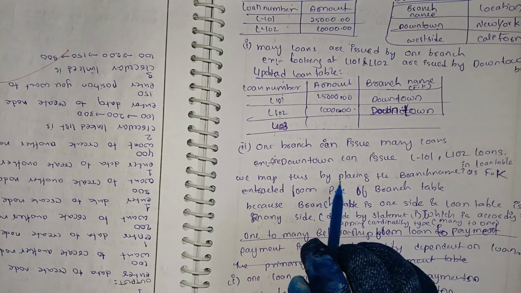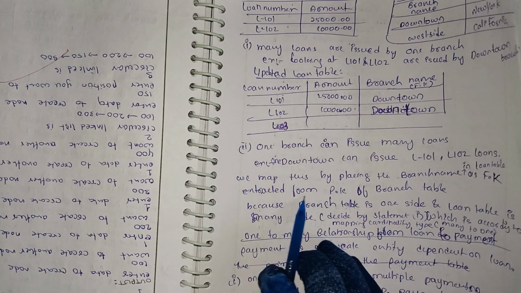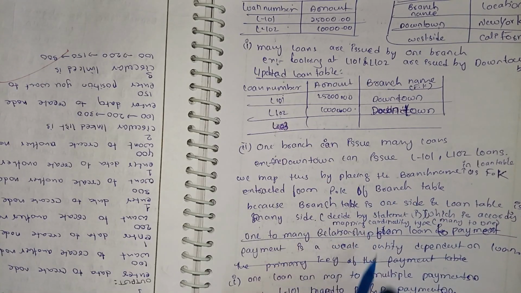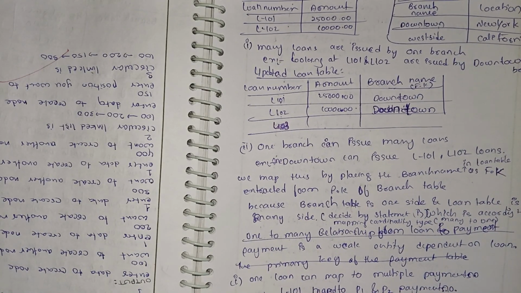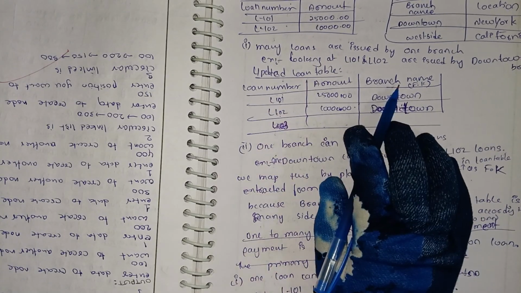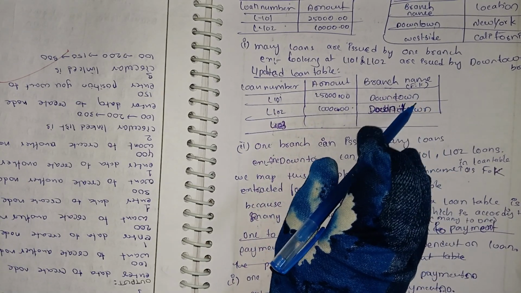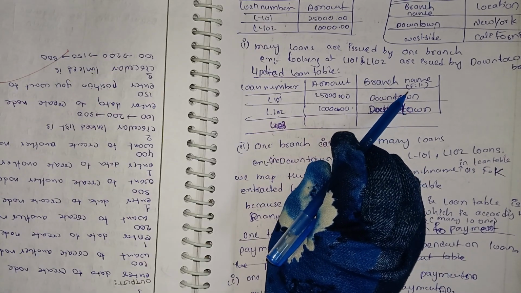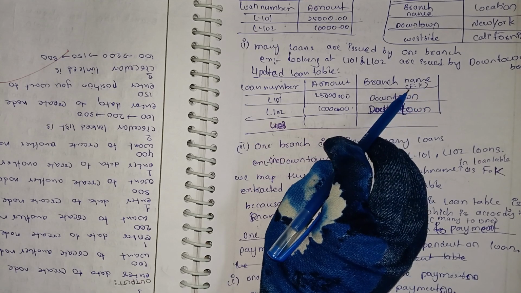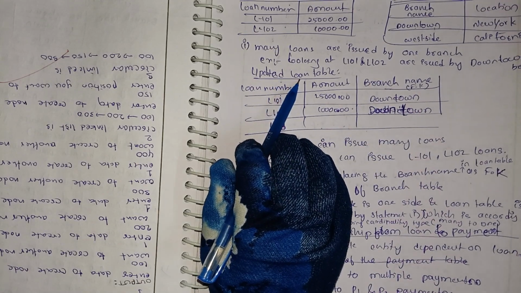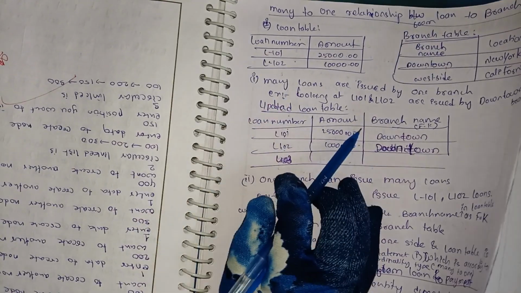And then we map this by placing the branch name in the loan table as a foreign key extracted from the primary key of the branch table. Branch name we are using as a foreign key in the loan table to establish the many to one relationship.